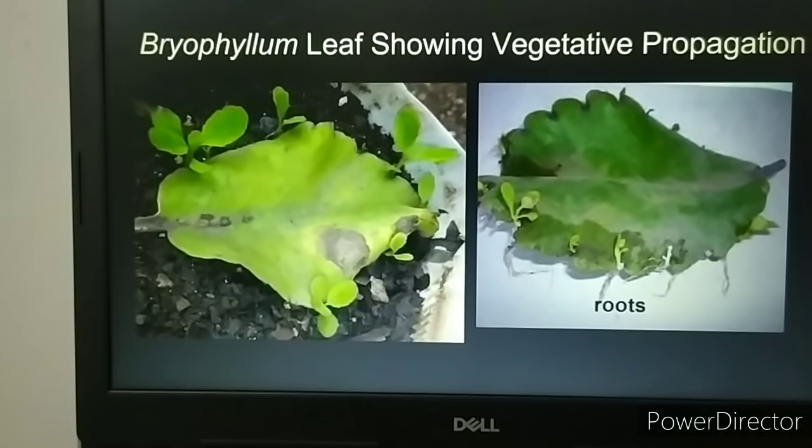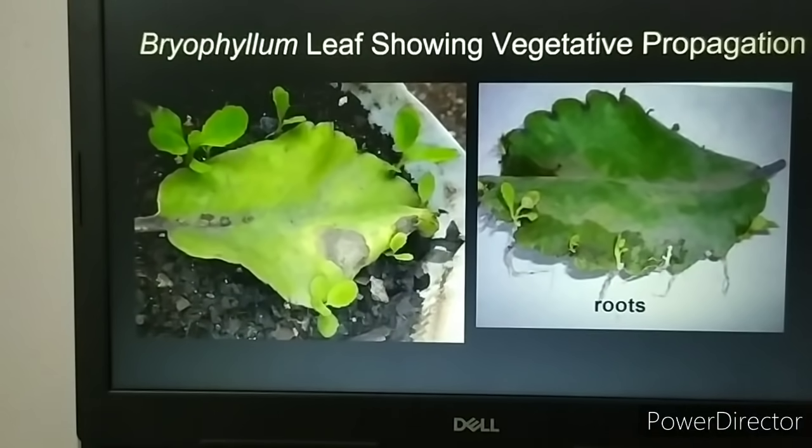But we have to keep in mind that every day we have to sprinkle some water over the soil. What for? To keep the soil moist. Now after a few days, that is around 10 to 12 days, what will be observed?